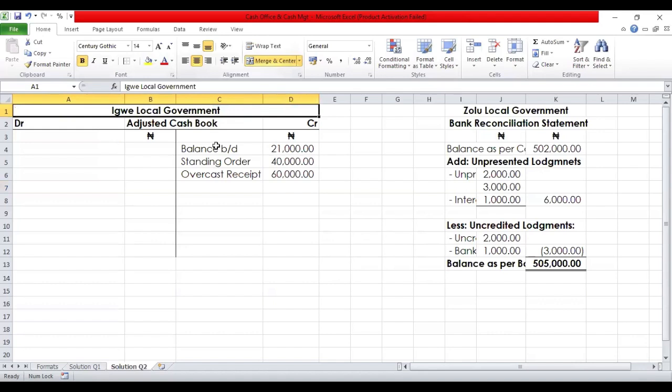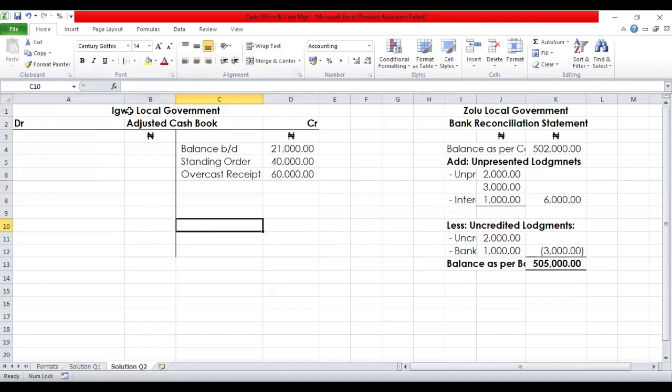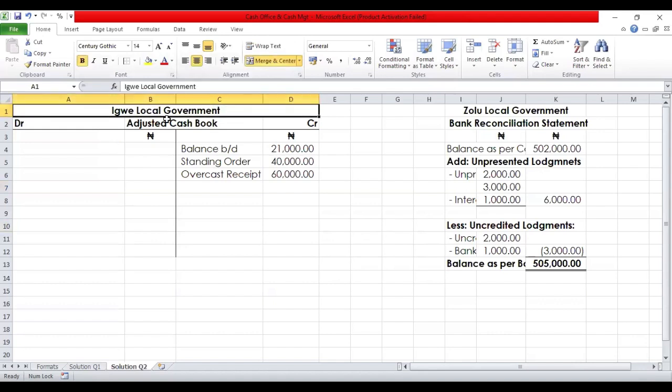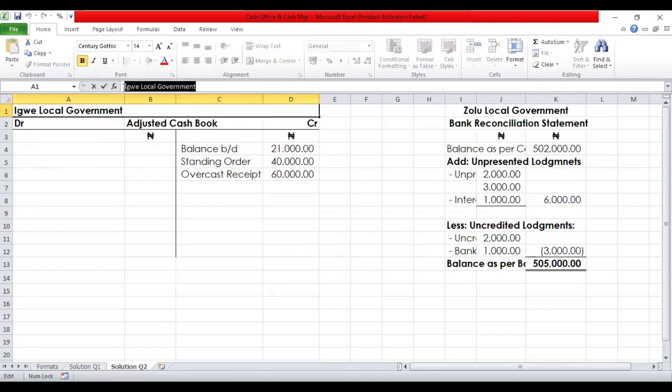This is transposition error. Look at it very well. It's not transposition. When you look at it, you know where to debit and whether you have debited or not.